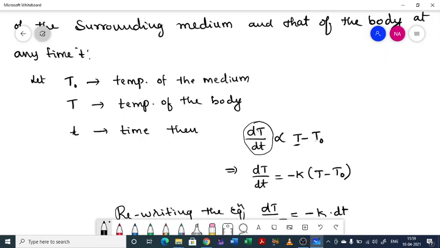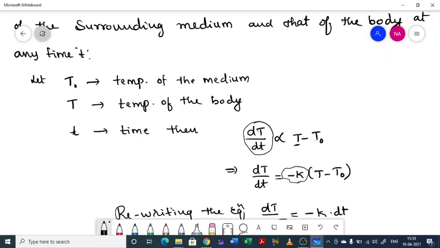Since this parameter is directly proportional to this, we can write dT by dt equal to minus k into some constant into T minus T naught, because this ratio will always be the same, constant.